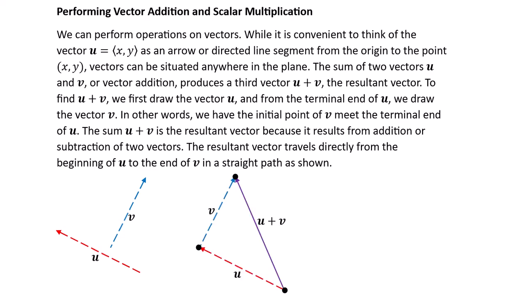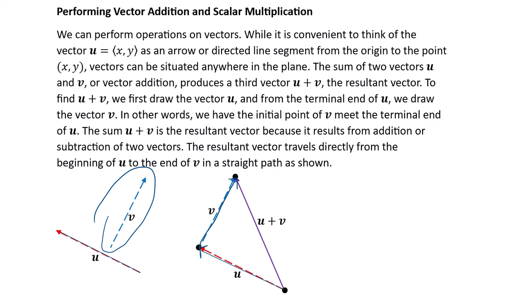Here I have my vector u. I'm going to use that and redraw it here. And then where that terminates, I'll pick up and draw vector v, the same angle and same length as it is over here, just drawing it starting from the end of u.